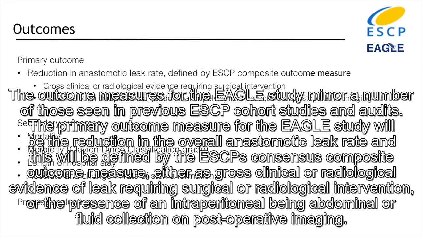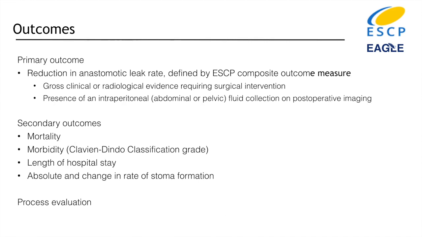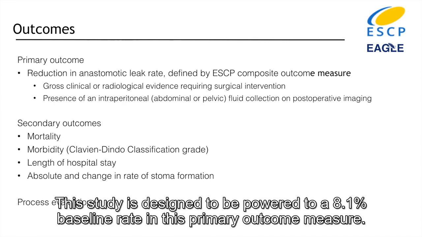The primary outcome measure for the EAGLE study will be the reduction in the overall anastomotic leak rate, and this will be defined by the ESCP's consensus composite outcome measure, either as gross clinical or radiological evidence of leak requiring surgical or radiological intervention, or the presence of an intraperitoneal, be it abdominal or pelvic, fluid collection on postoperative imaging. The study is designed to be powered to an 8.1% baseline rate in this primary outcome measure.